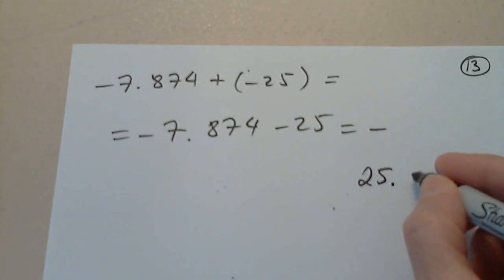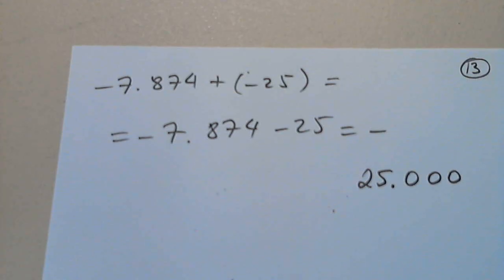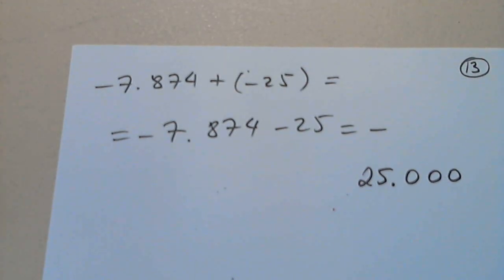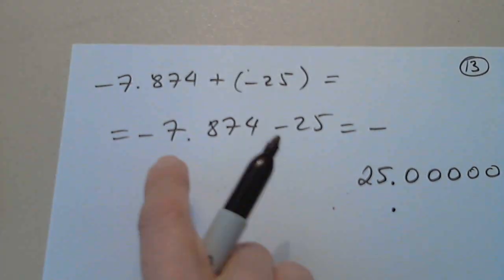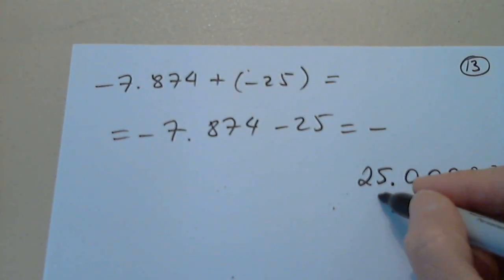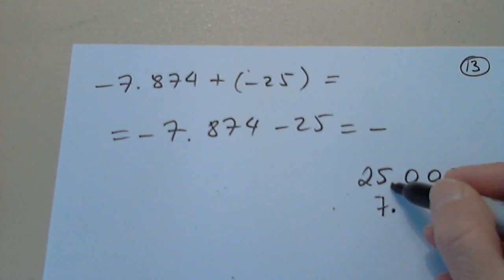Copy the sign first. And how do I add them? Please remember you have to write them one below the other, and you have to line up the decimal point. So 25, you can put as many zeros as you want afterwards. It's not going to change the number. But 7 point 874, you have to line up the decimal point.